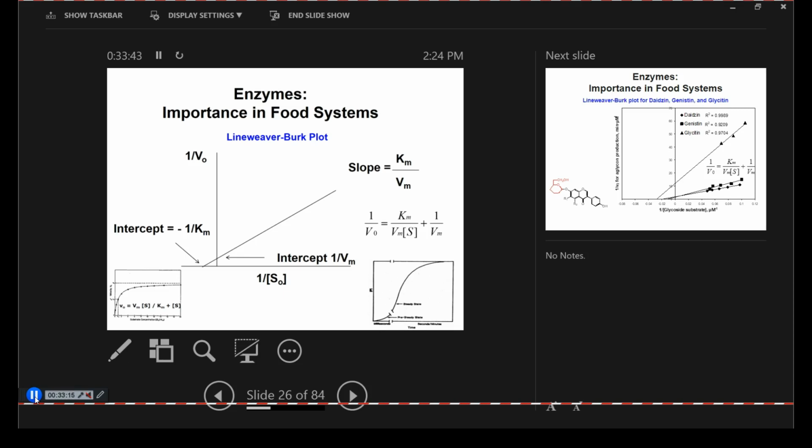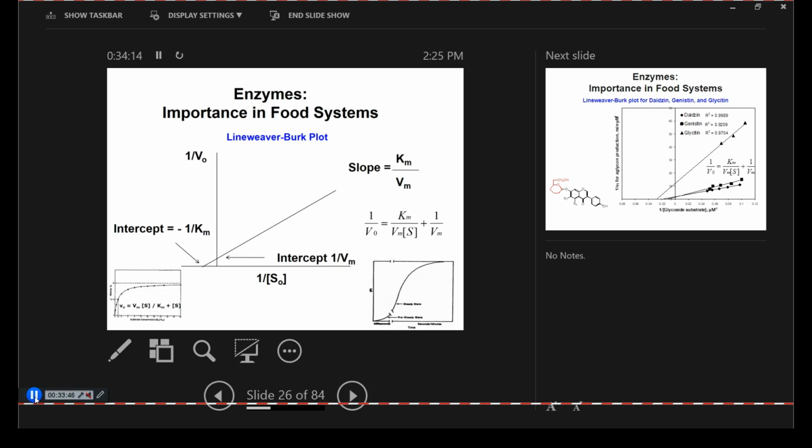Now, how do I get my plot in the first place? How do I get this equation in the first place? So I run my reaction at one specific concentration of the substrate. So I start at 10 millimolar, for example, and run my experiment or analysis, and then I determine the slope here, which is my V0.